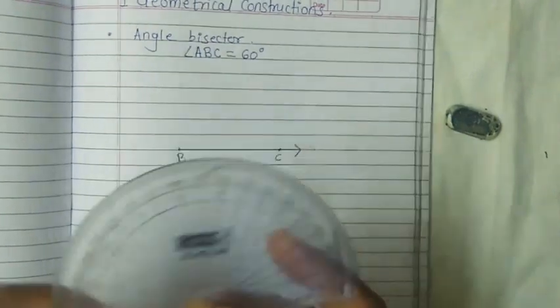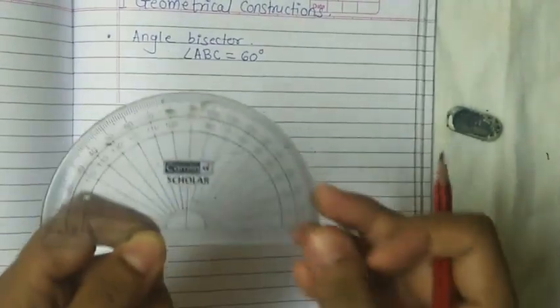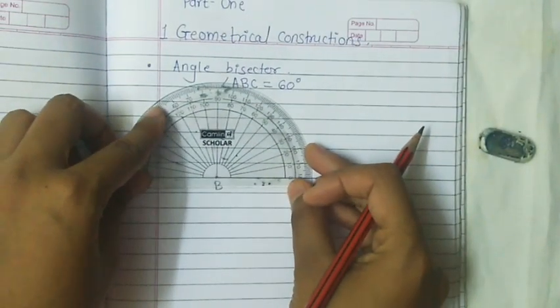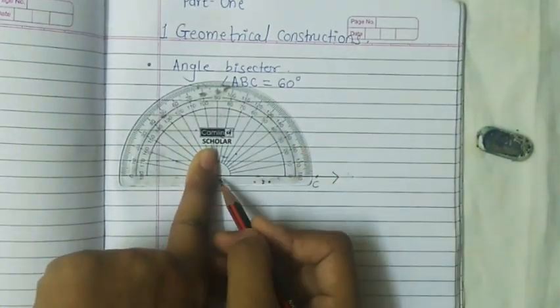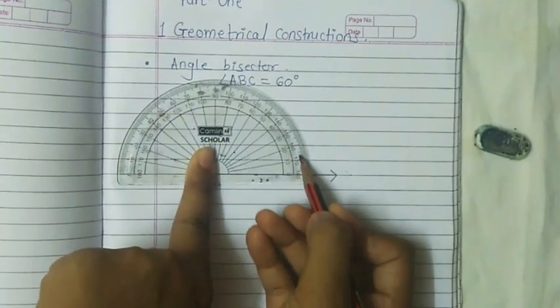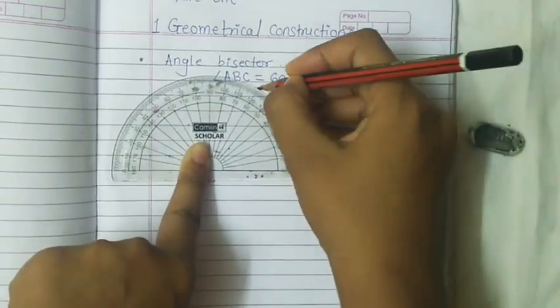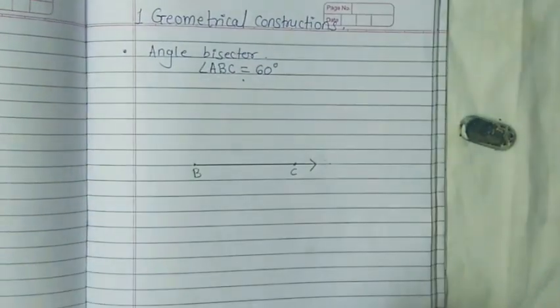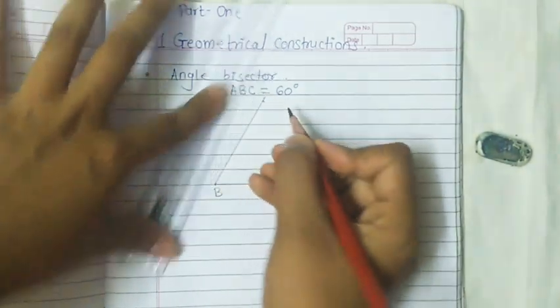Now keep the center of your protractor on point B. Keep it properly, it should be on the line. Now, from this side, we are going to measure the angle. Yes, here is your 60. Mark it.